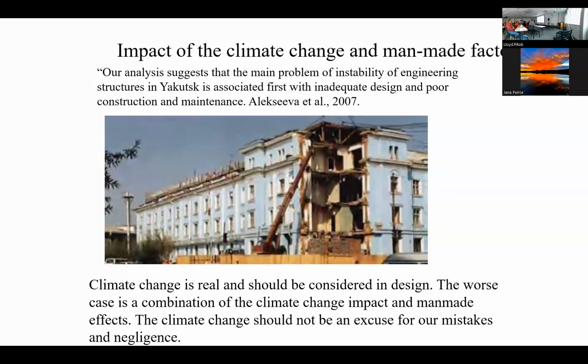When we start to talk about mitigation, we should first of all clean up our wrongdoing. And if we do that, we can more easily mitigate climate change. But again, the worst case scenario is when we have climate change multiplied by our mistakes.